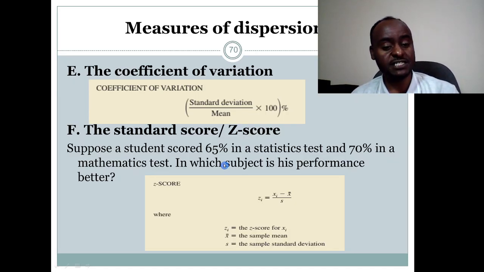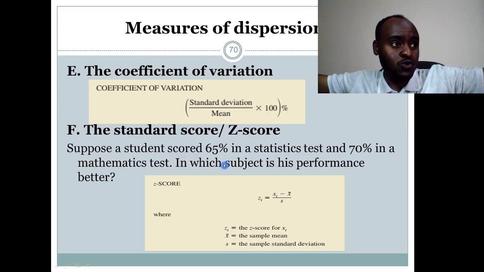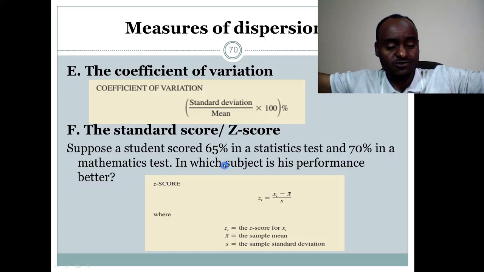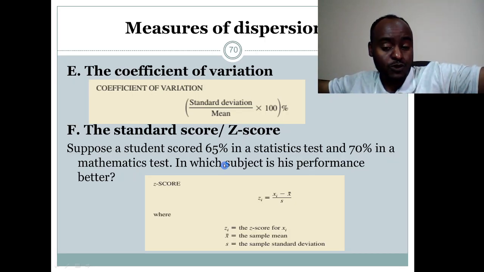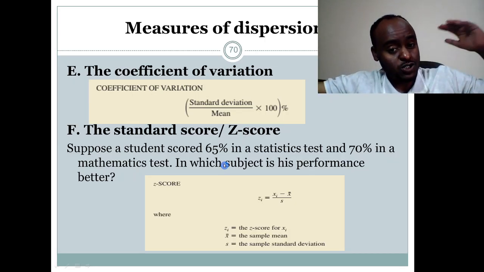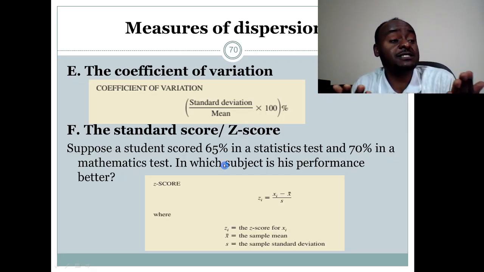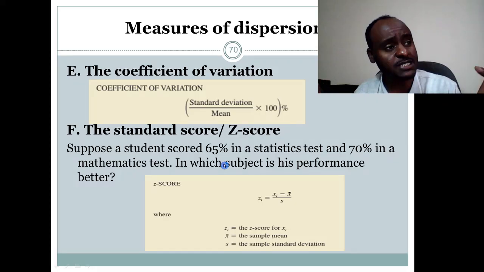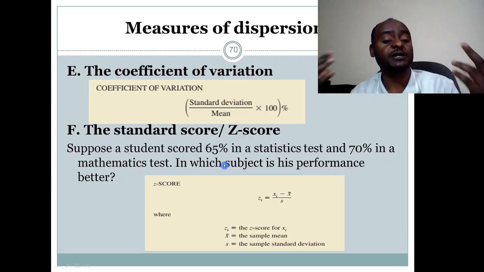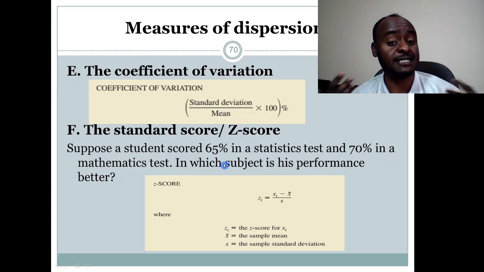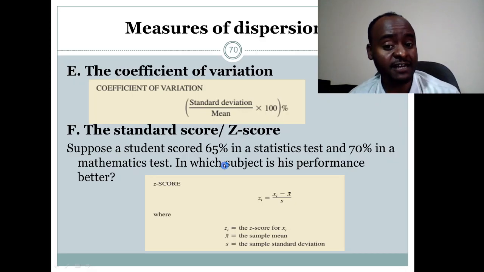There is no unit of measurement. That's one good thing. And the other very interesting part of the coefficient of variation is that it helps us to compare two data sets, maybe data from public policy students and data from social policy students. They are different groups. Now it is standardized, there is no unit of measurement, and then you can make a comparison. Which data set has high variation?